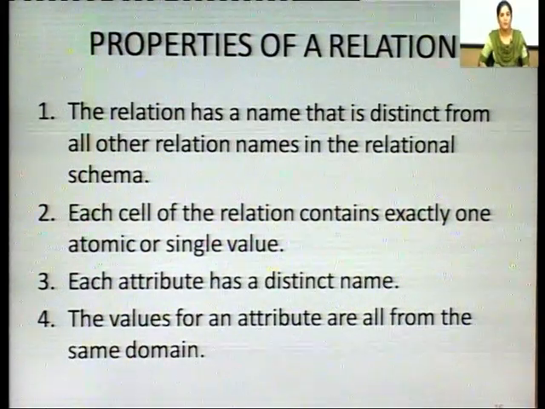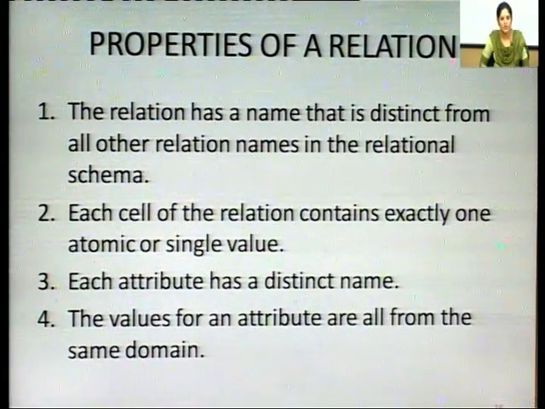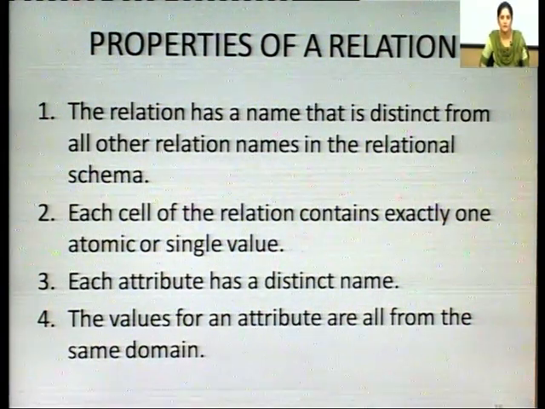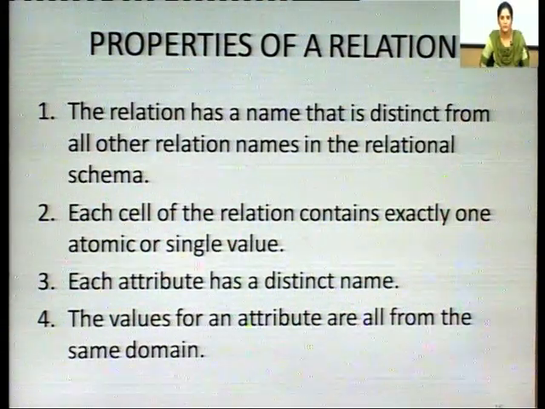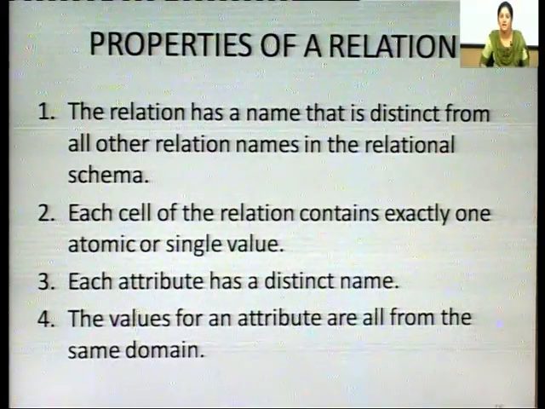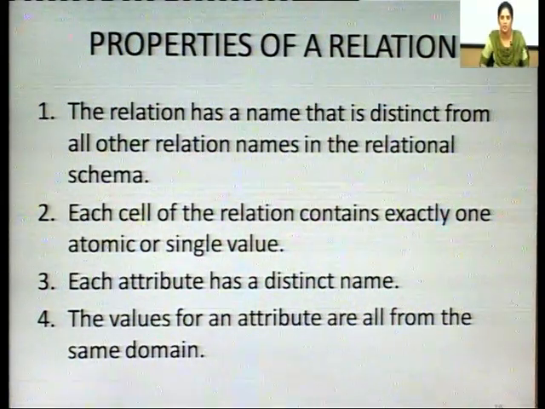Next topic is properties of a relation. Whenever you are defining a relation in the relational database management system, you need to take care of certain things before its design. These general properties of a relation are important whenever we are designing a database.